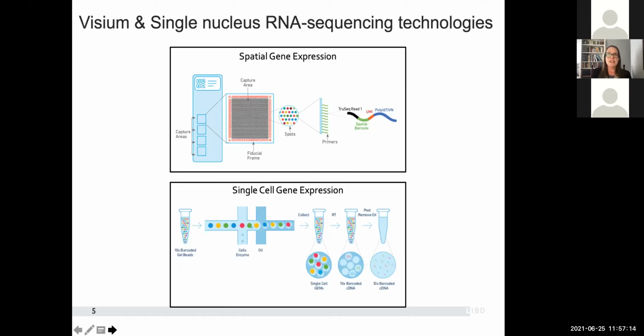Then during cDNA synthesis, which occurs on the surface of the slide, barcodes indicating the location of each spot are incorporated into the cDNA, which is then removed from the slide, prepared into libraries, and sequenced. This basically allows each read to be mapped back to the correct spatial coordinates on a histological image. Resolution here is limited only by the spot size and the spacing on the array. In the current platform, each spot is about 55 microns in diameter, and they're spaced about 100 microns center to center in a honeycomb pattern.